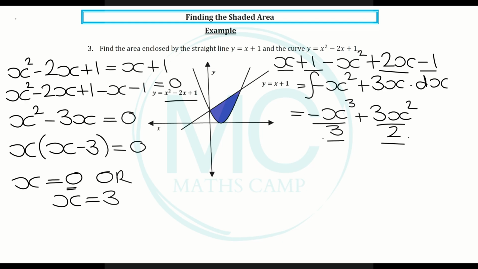This means that in this question, in order to find the shaded area, all we need to do is find the value of this equation when x is 3. So I can say negative 3 cubed over 3 plus 3 over 2 multiplied by 3 squared.